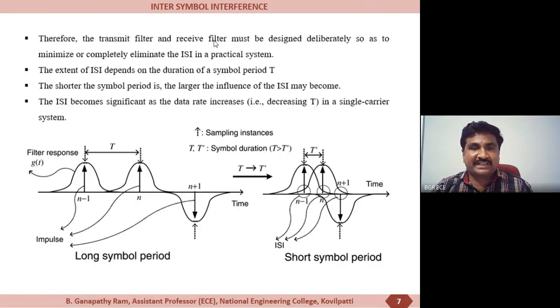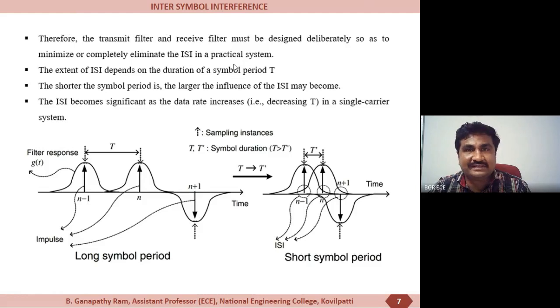There are two different cases: the transmission of a symbol having a larger duration, and the transmission of a symbol having a smaller duration. The symbol duration inherently represents the data rate of the system. If we want a good data rate system, the symbol duration should be short enough.